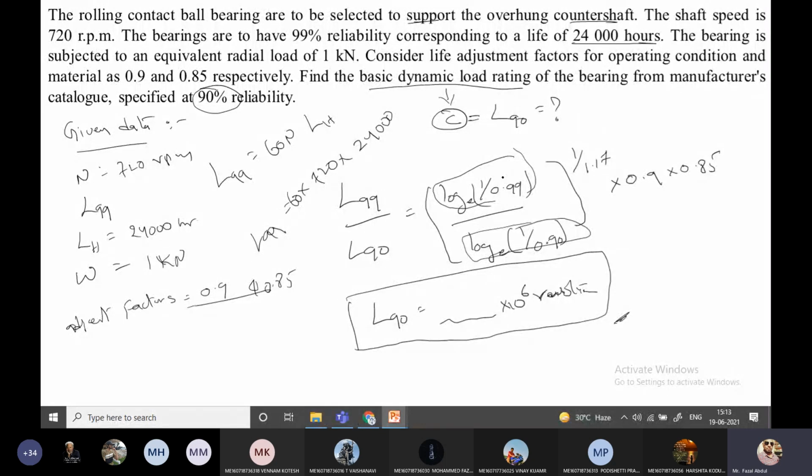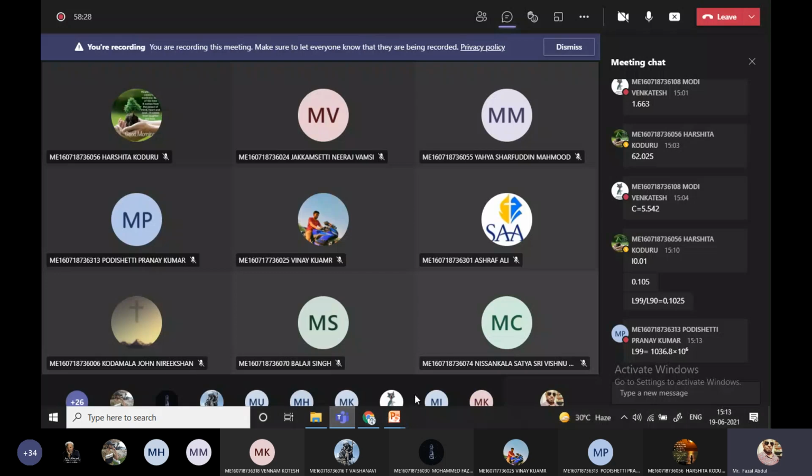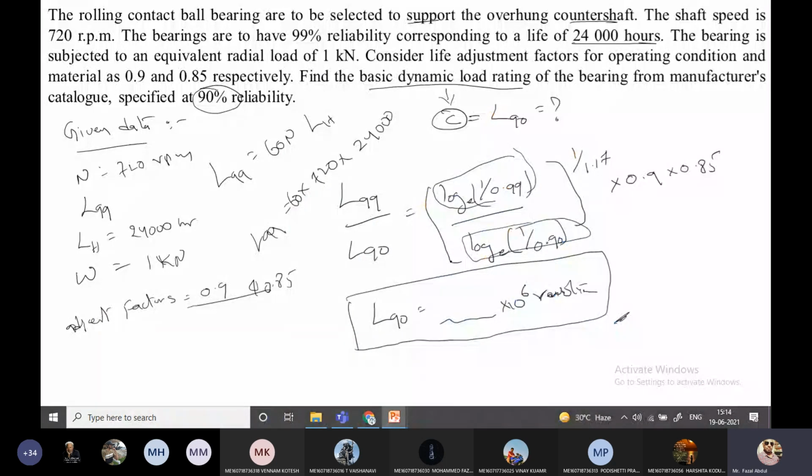Do it fast. Tell me the L90 value. 1036.8. Very good. This is for 90%.